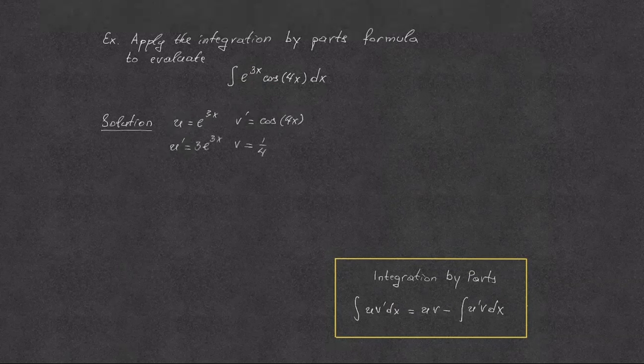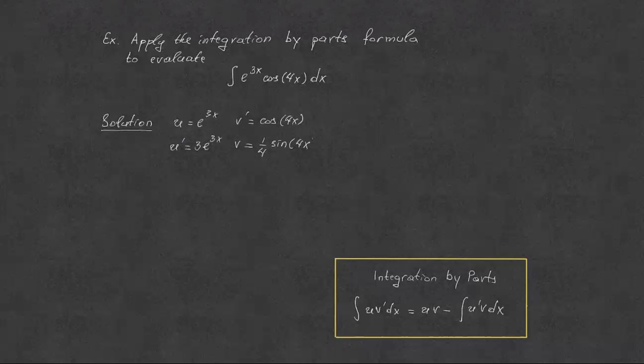1/4 sine 4x. Then we substitute these expressions into the integration by parts formula, which is here on the right bottom corner of the screen. And we get the following.